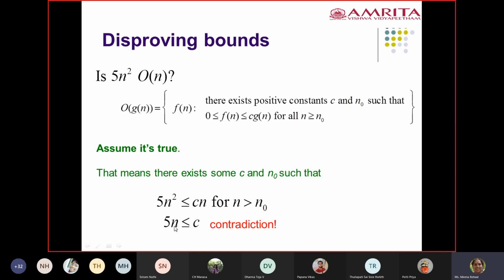If you keep changing the value of n, every time this may not be possible. You have to fix a constant. You cannot keep on changing the constant, and you cannot say that I am going to take the constant as infinite. You cannot say that c can be some value such that fn is always less than or equal to c. No. So this is a contradiction by which we can disprove the bound.